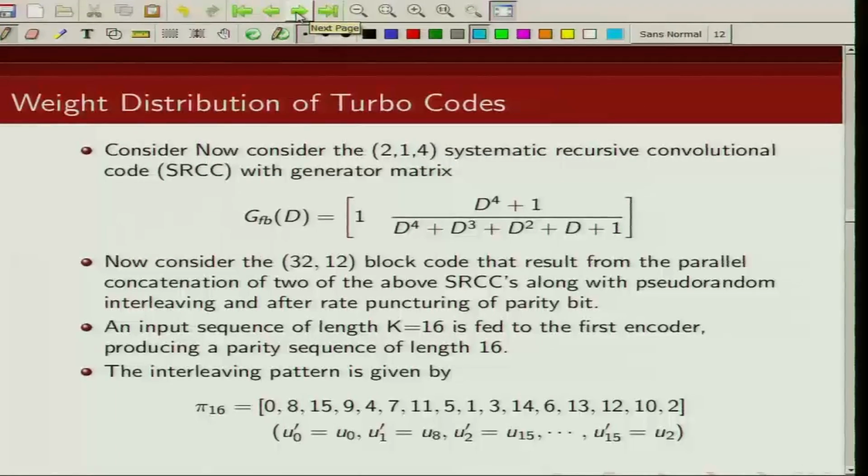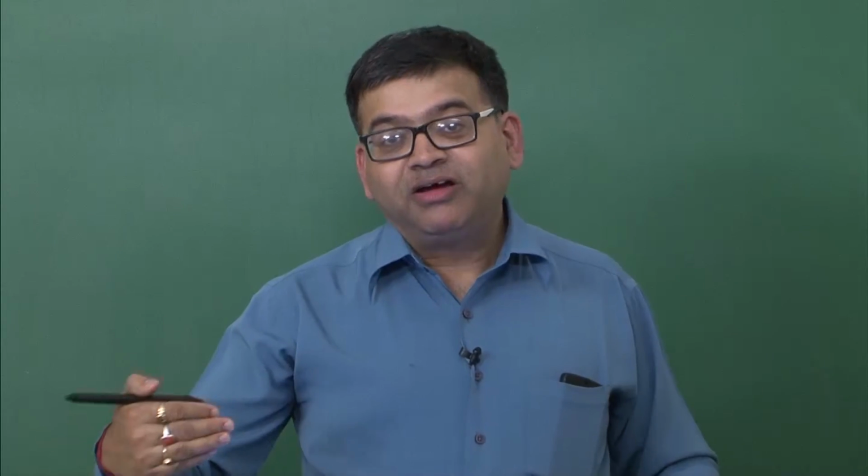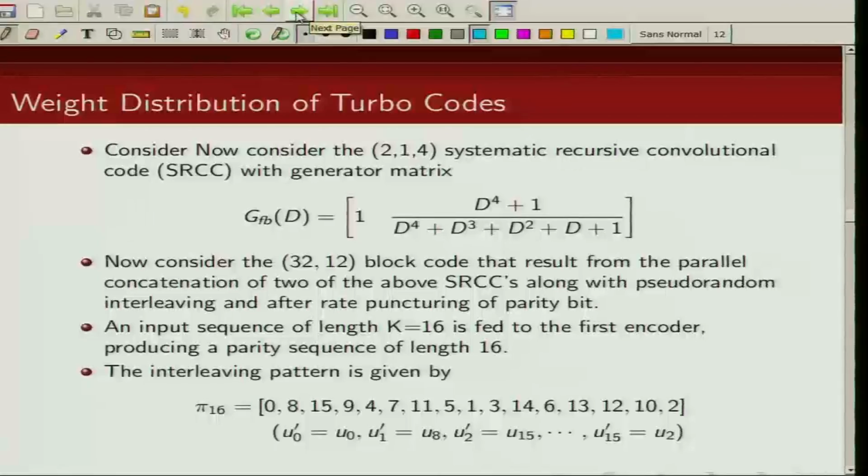Remember we are trying to get to the distance profile of a parallel concatenated code, and the distance profile depends on what type of interleaver we are using. In this particular example we are specifying one such interleaver pattern.